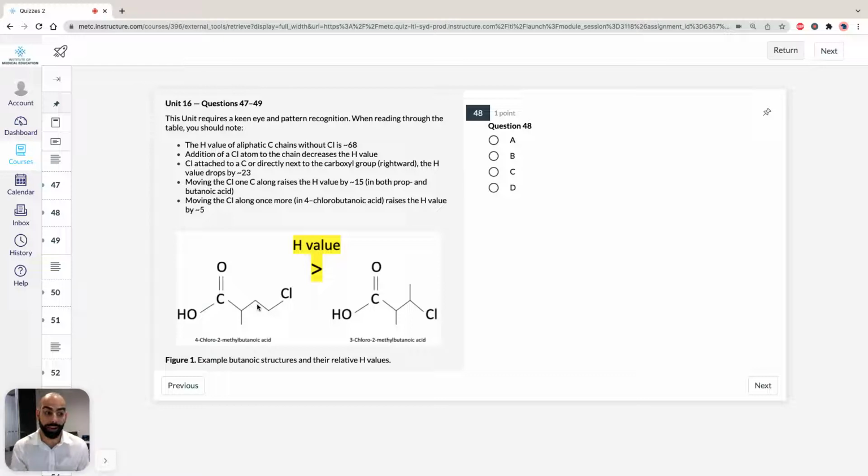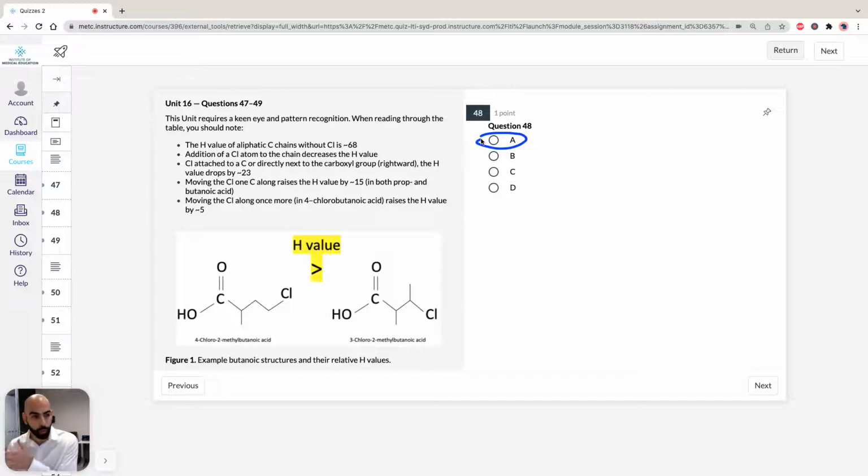So it's not about carbon chain length, it's about the distance from the carboxylic acid. If you want a value of about 60, it has to be position 3, which is 2 carbons away from the carboxylic acid. So the only one that satisfies this is A. 48 has to be A, 3-chloropentanoic acid.